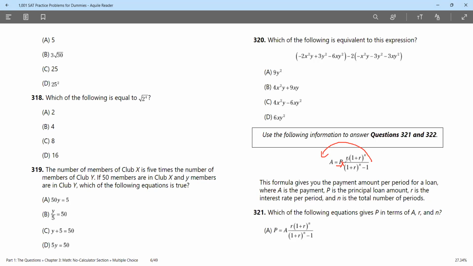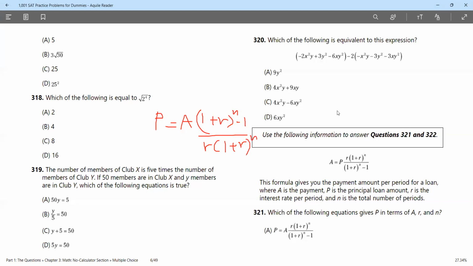When you multiply by a fraction and you need to move it to the other side, all you have to do is flip this fraction. So P will be equal to A times the flipped fraction: 1 plus R to the power N minus 1, over R times 1 plus R to the power N.